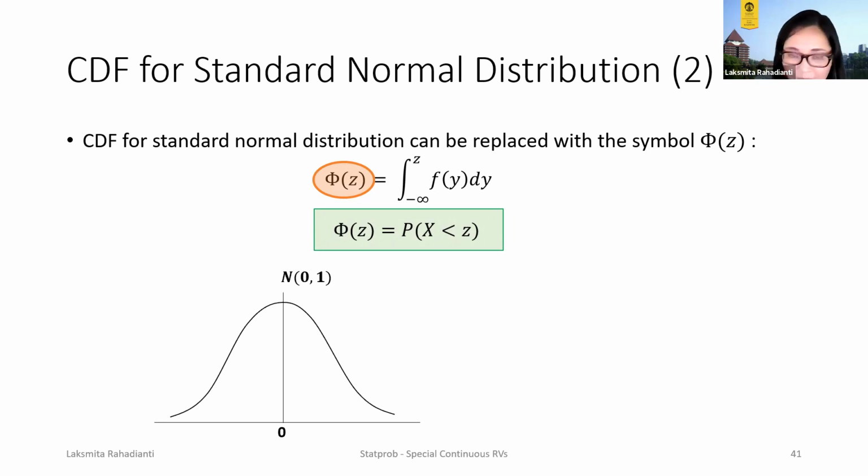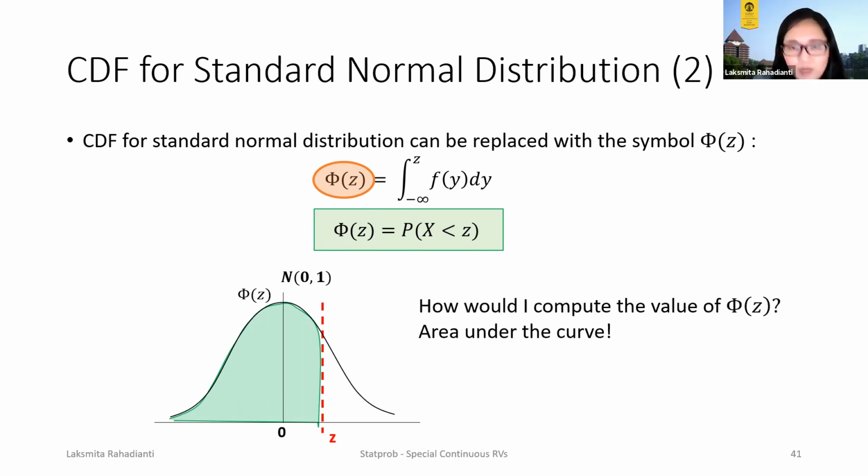When I say, what is the probability of my X being less than z? If my z is there, then I basically want to compute the area under the curve on the left-hand side. That's all of this area to the left of z. And this is the probability, aka the phi of z.